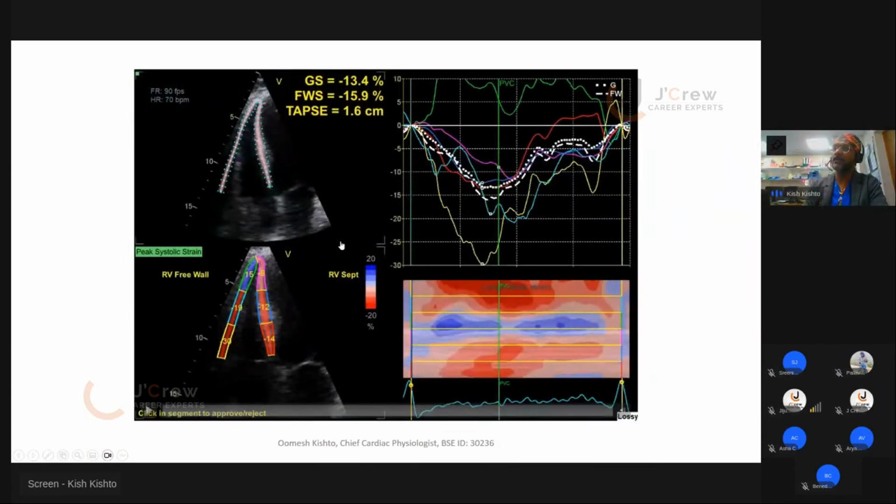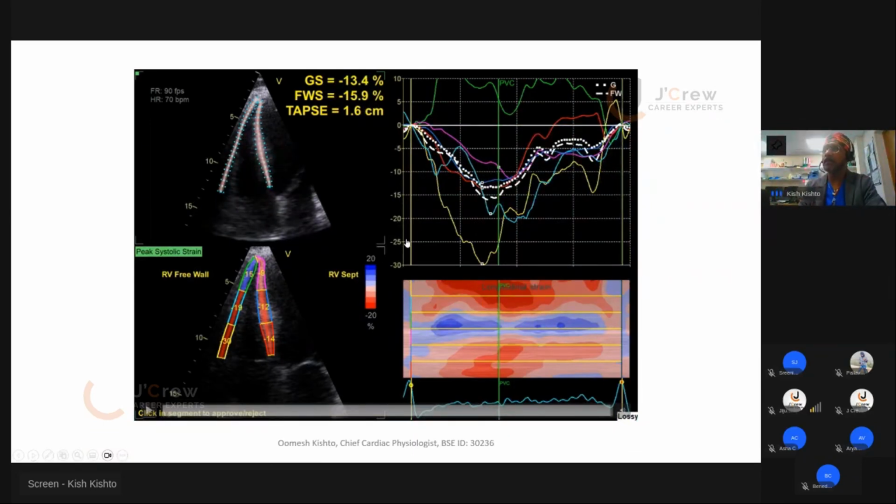On this one, I did the GLS on the RV wall, and as you can see, it is still impaired, TAPSE as well as the global strain, how the muscle is stretching. Okay, so the free wall strain, which is this, and then the GS is overall.